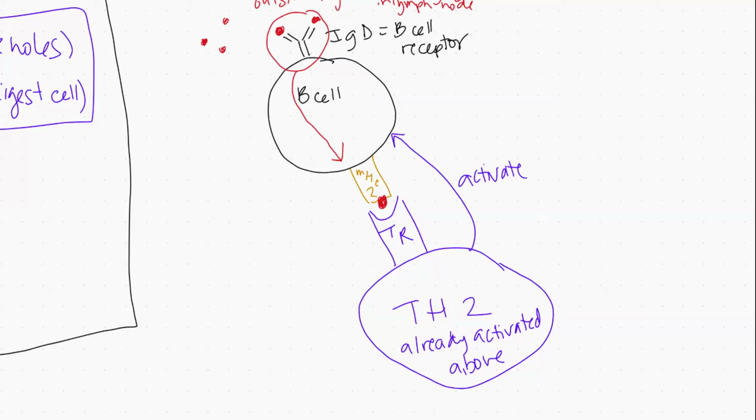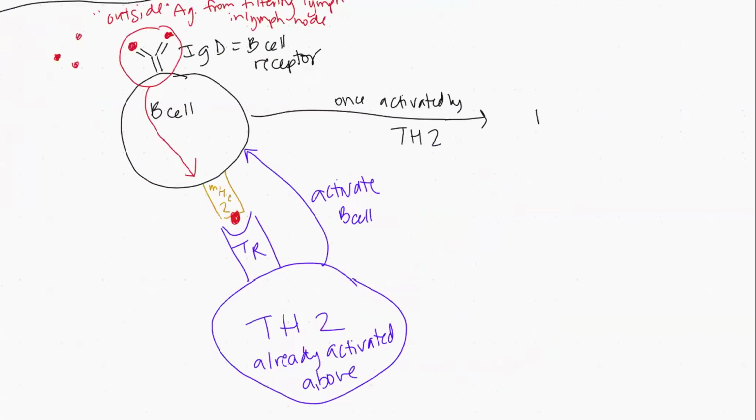And now our B cell, because it has been activated, is going to turn into a whole bunch of them. And those are going to turn into three different categories. So these would be three different B cells.